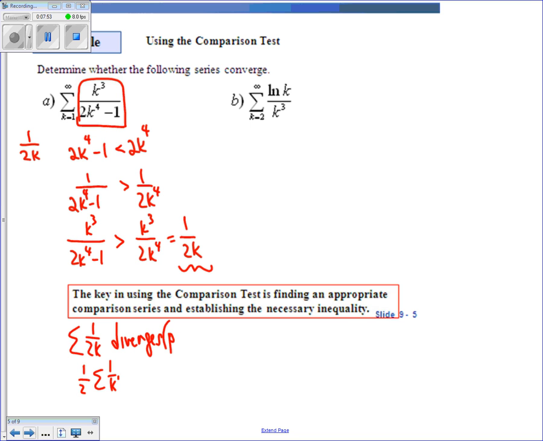I would note that it's the p series with p equal 1 that justifies that. And this one is always bigger than that one. So I've established my inequality that this one is bigger than something that we already know diverges. So by the comparison test, k to the 3rd over 2k to the 4th minus 1 must also diverge.